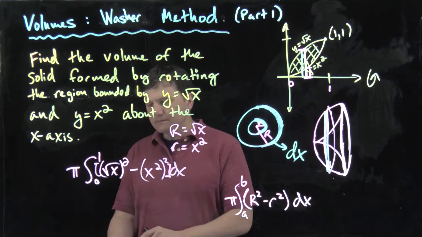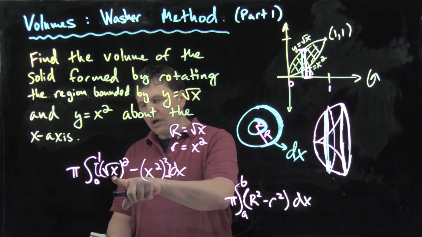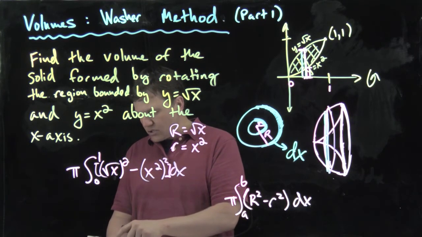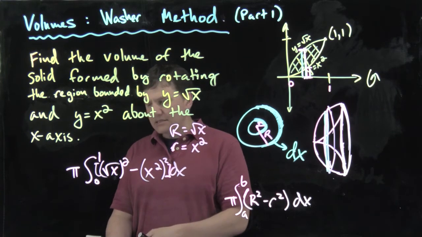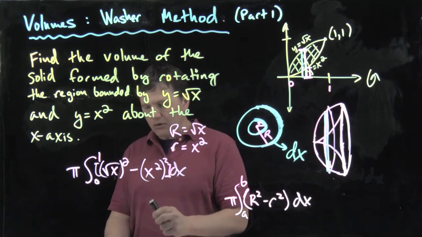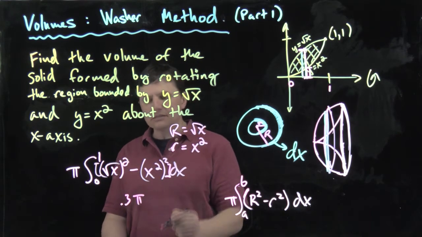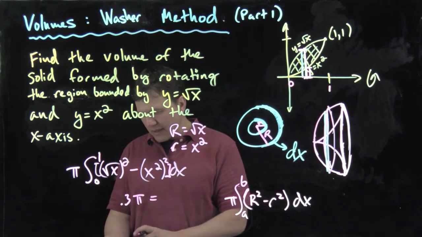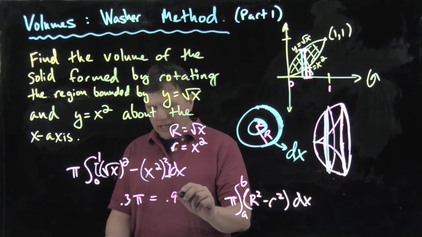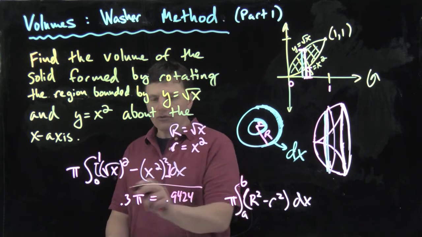So Math 9, 0 to 1, square root of x squared, we can just call that x in our calculator, minus x to the 4th, dx. And what we're going to get is 0.3, or 3/10. And let's go ahead and multiply that by pi. So that would be 0.9424. And then always make sure you're accurate to 3 decimals.